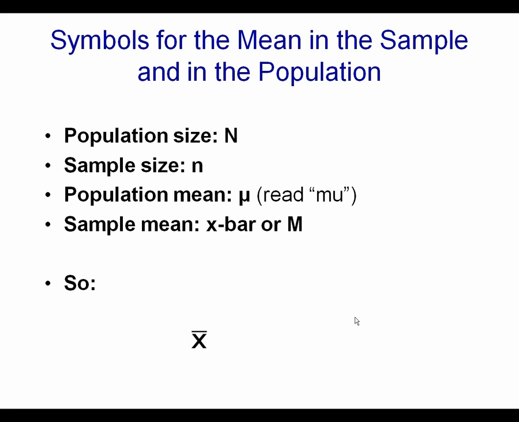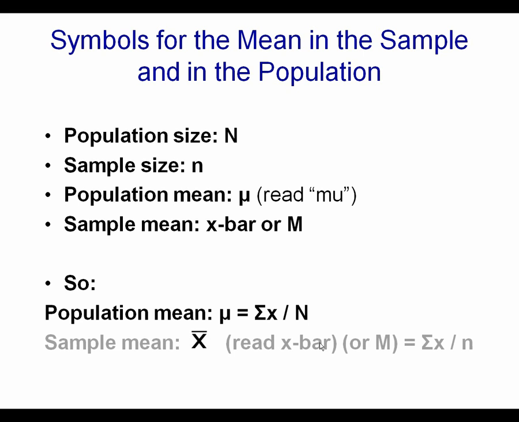And so the population mean, mu, equals, don't forget, the large N is the population size. So the mean is equal to the sum of all the x's divided by the large N, or the number of observations.